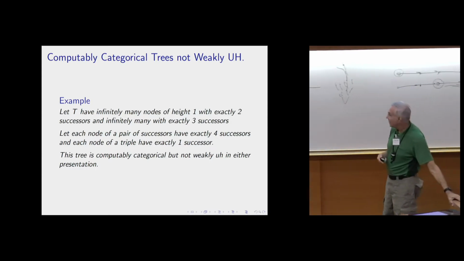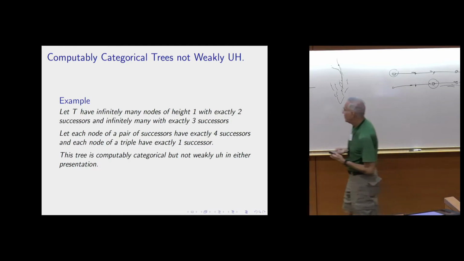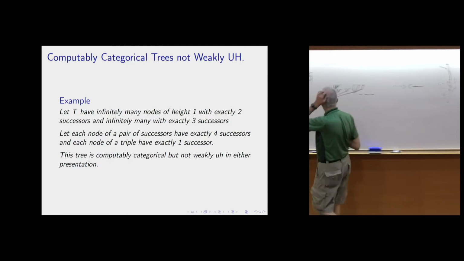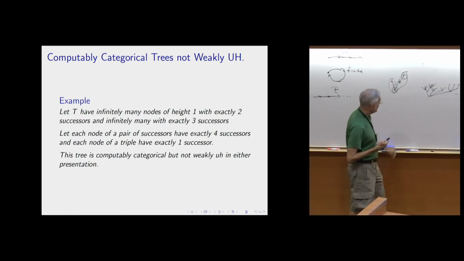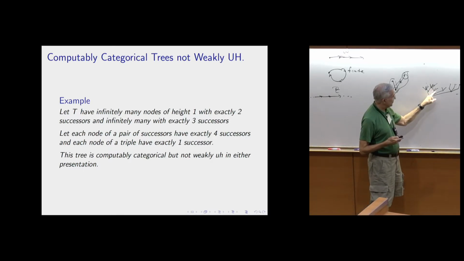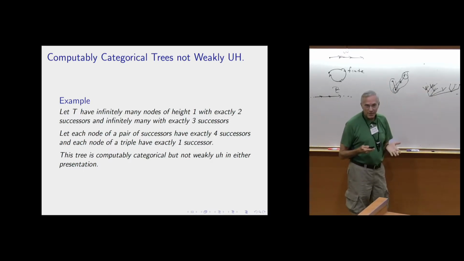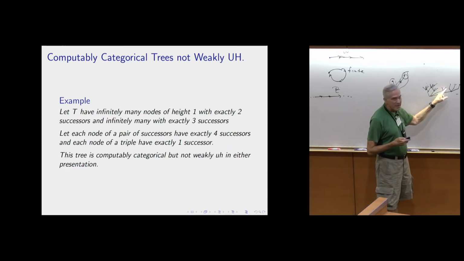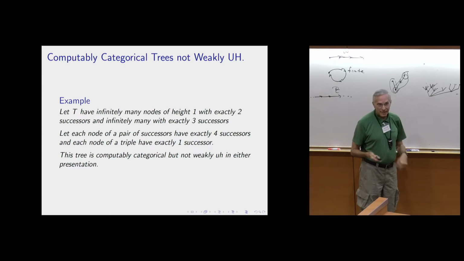But it's computably categorical because you're able to recognize where you are. You know that you're a 3 node when you see three paths branching out. The danger when you see 2 is that maybe there's going to be a 3rd one later. How do you know that doesn't happen?